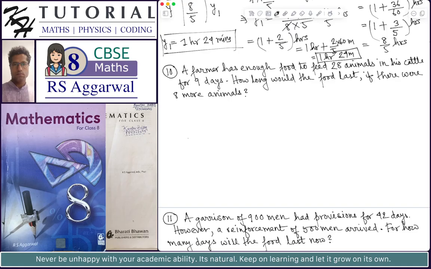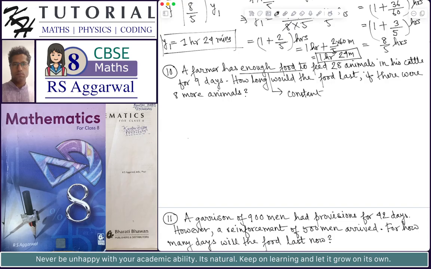In this problem, there are animals and they need food to survive for a certain number of days, and the amount of food is the constant part. So a farmer has enough food. This food is the constant provision.